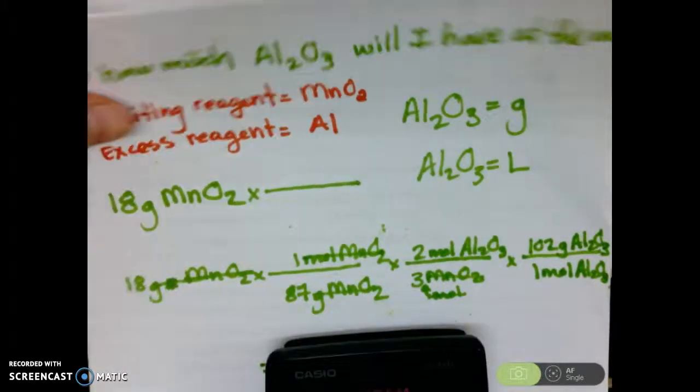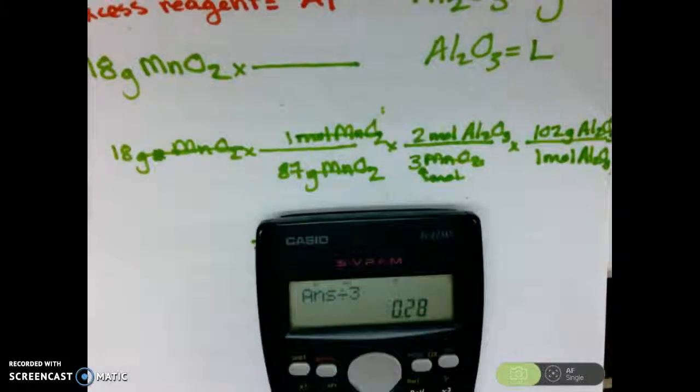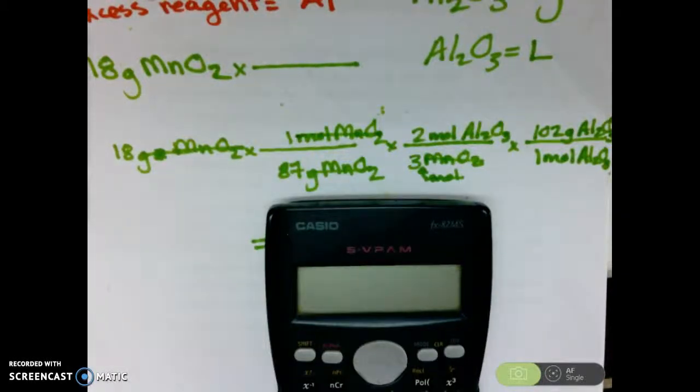So I'm going to move this up so we can see that together. You have 18 times 2 times 102, and equal sign. Divide all of that by 87, in parentheses, times 3. We can ignore the 1.